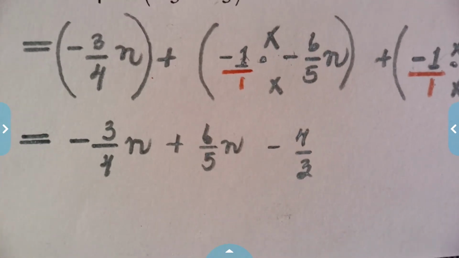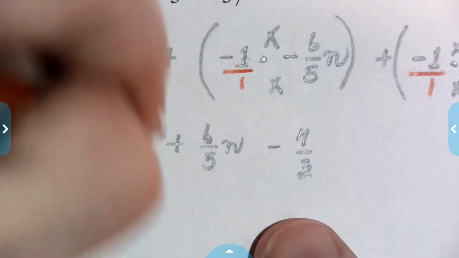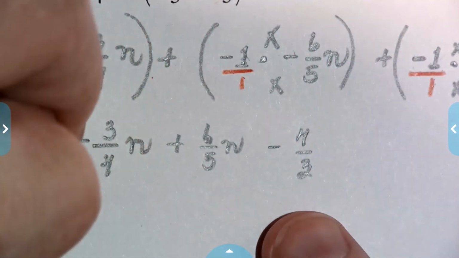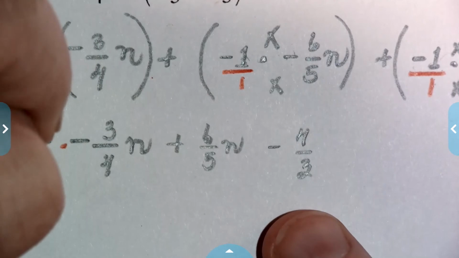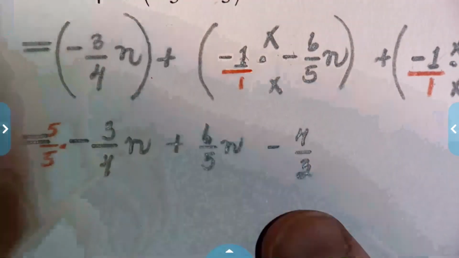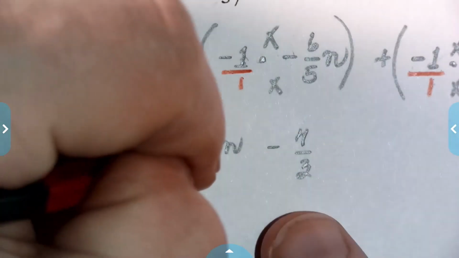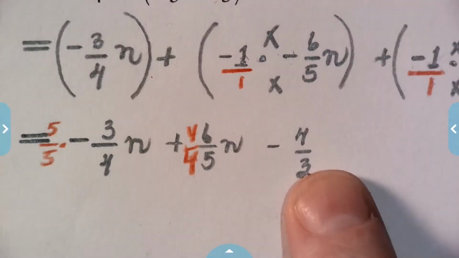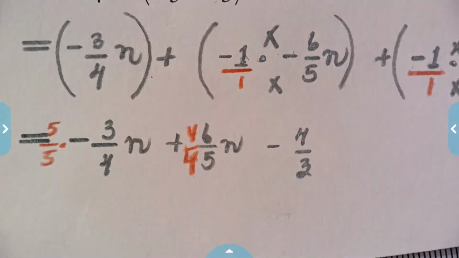Okay, well, we need to find a common denominator between the n's, 4 and 5, so that's going to be 20. So we'll multiply this -3/4 by 5/5 and the 6/5 by 4/4. Okay, and then this guy can just hang out, this -4/3.